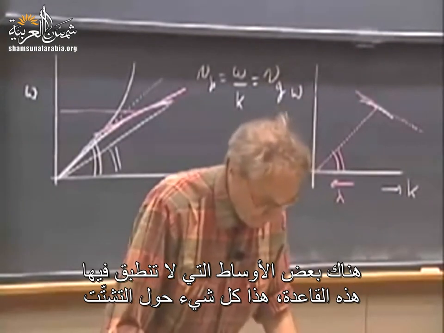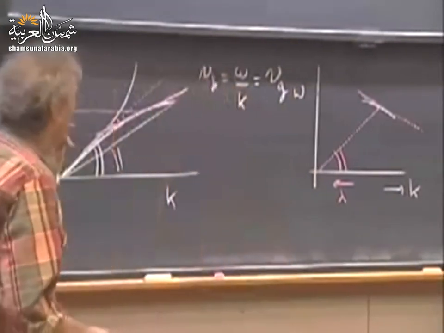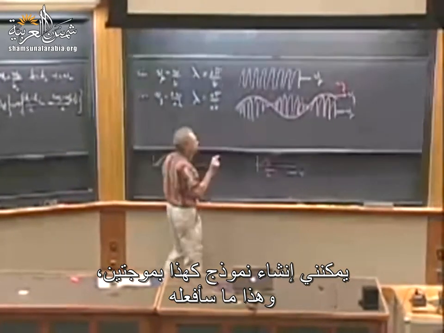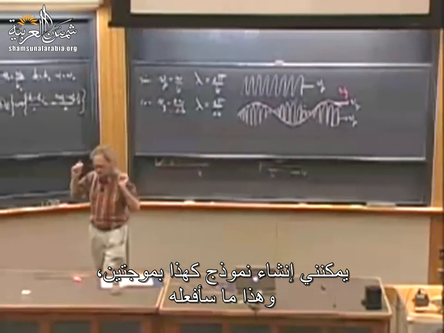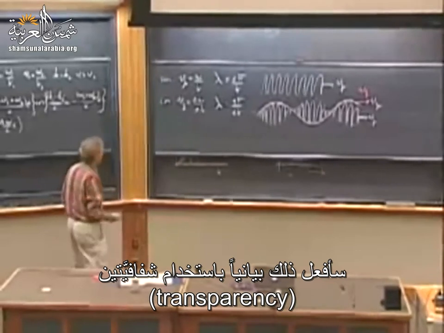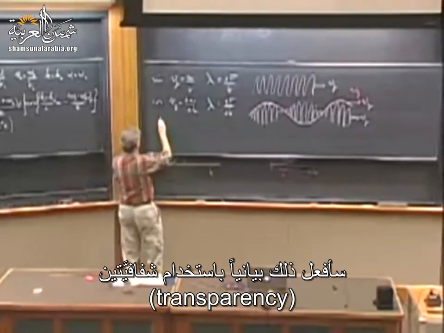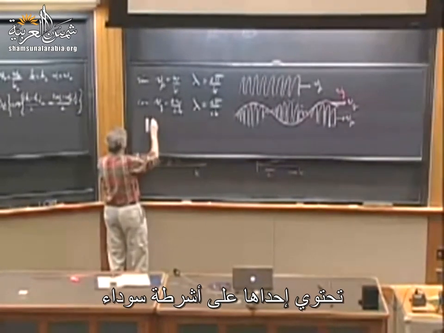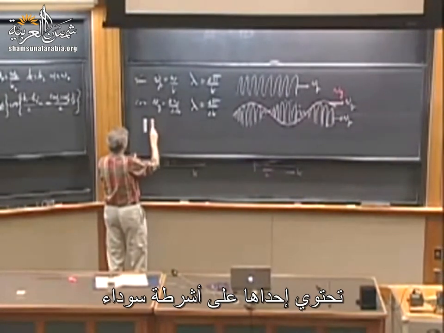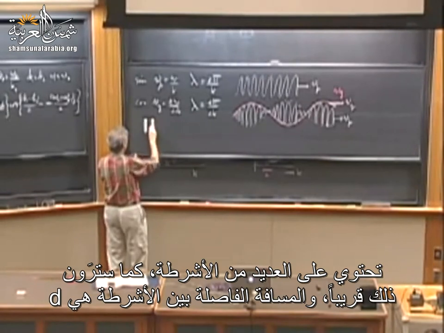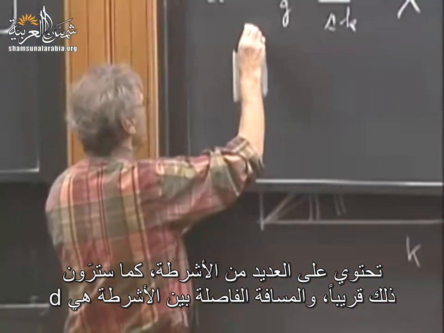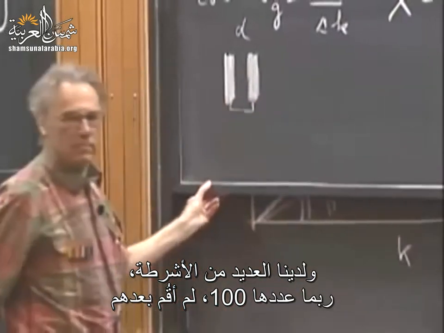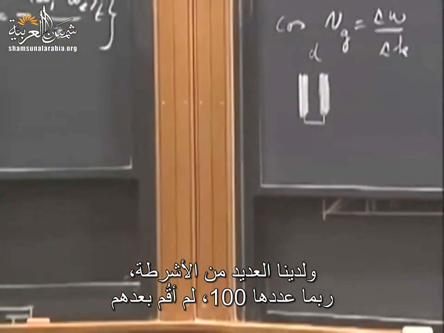I can create a pattern like this with two waves for you, which I will do. I do that in a graphical sense: I have two transparencies, and one transparency has black bars on it, many, as you will see shortly, and they have a separation D. I have many of them, maybe 100, I didn't count them.